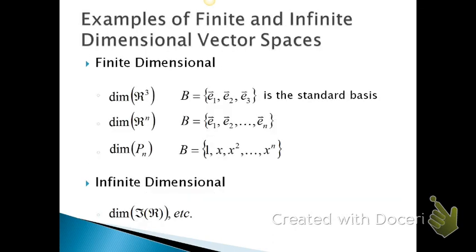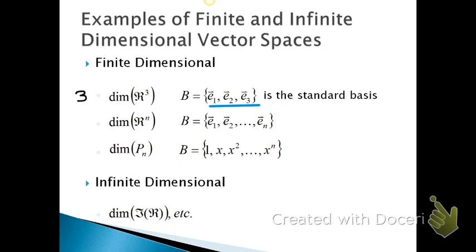Some examples of finite dimensional vector spaces include things like R3. If we look at the standard basis for R3, you'll notice that it contains 3 vectors. So we know that the dimension for this vector space is 3.